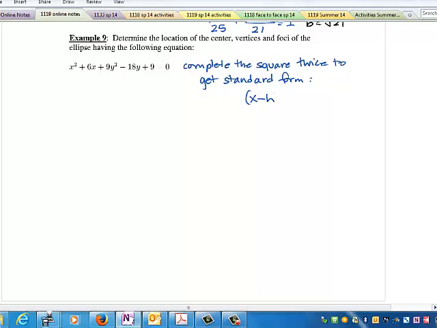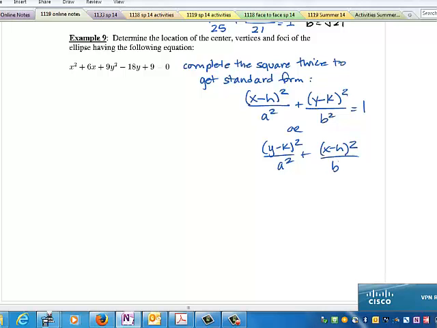like x minus h squared over a squared plus y minus k squared over b squared equals 1, or y minus k squared over a squared if we have a vertical major axis, plus x minus h squared over b squared equals 1.